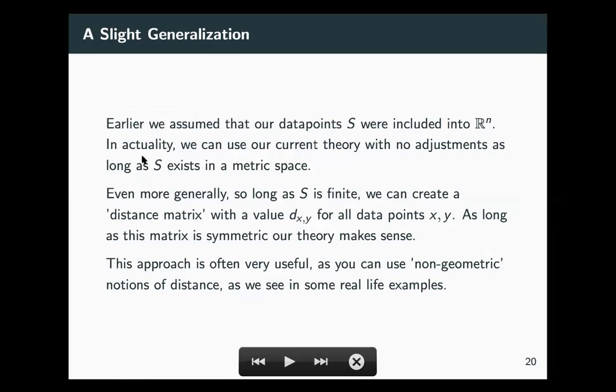Okay, so we're going to do one final generalization of this, and then I'm going to break for questions. If you remember what I was doing, we were taking our data set and determining how far apart they were in Rn. We were looking at the distance between data points. Sometimes this isn't actually helpful. One example that we'll look at in a little bit of detail is, imagine I'm trying to do visual image processing, and there's a picture of me and then the ocean behind me.